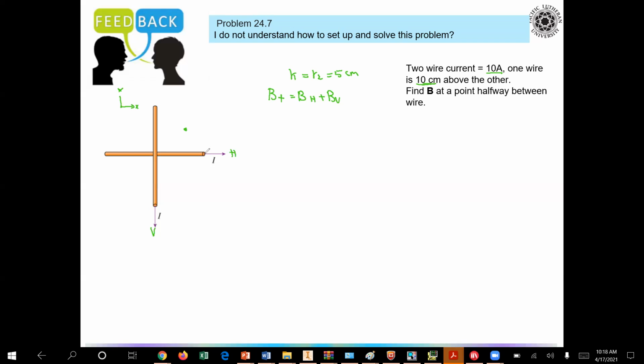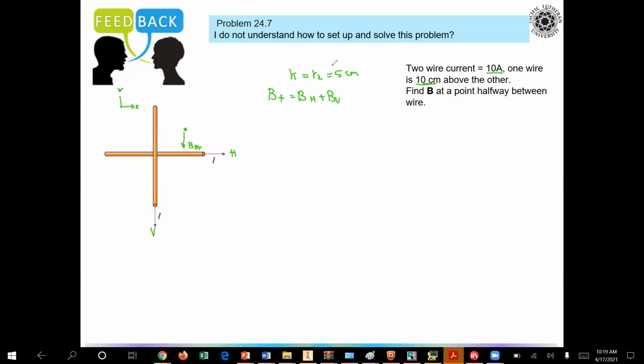If you put your right thumb toward the current, and your curled fingers point to the magnetic field, you will find the magnetic field points down here. That's the only component. So let's call this one B from the horizontal wire, in the Y direction to be accurate.